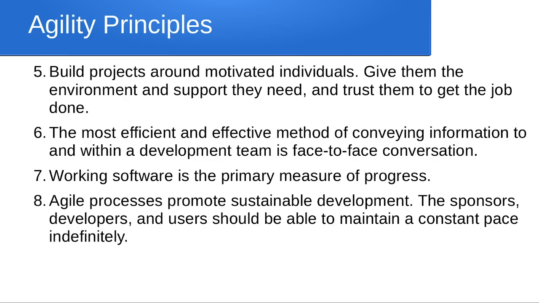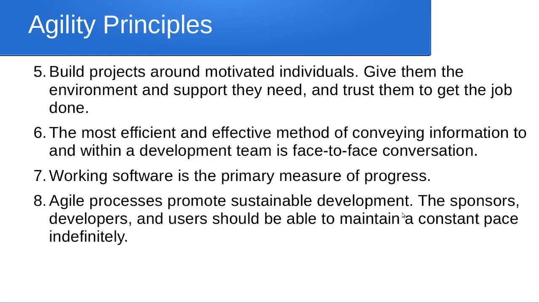The seventh thing we are saying is that how much progress we have made is measured in terms of working software. The working software is the primary measure of your progress. This is the seventh principle of the agility environment. Now the eighth principle says agile processes promote sustainable development.